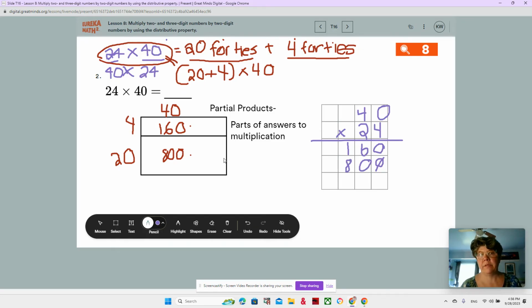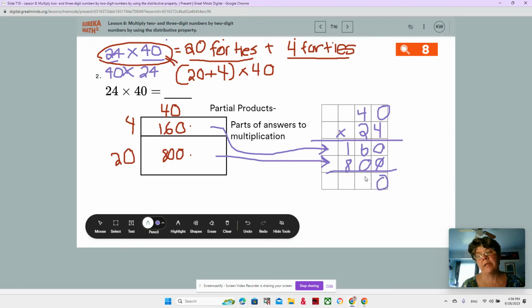Now, what do you notice? Do you notice that here's my 160? And here's my 800, right? See how the area model is related to the standard algorithm? You see my two partial products, my two parts of the answer, right? Okay, and then when I'm going to find my final answer, of course, I have to add these together.